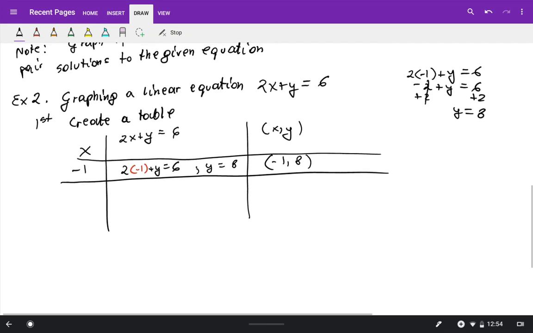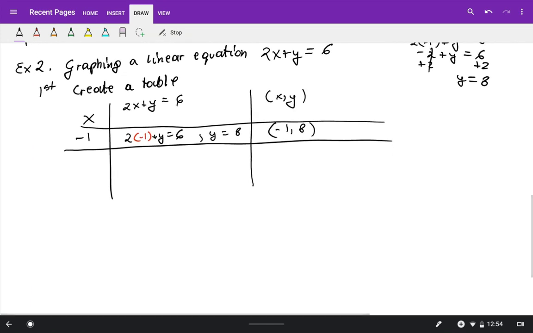Okay, so what we did first was create the table. The second step is to pick at least 3 arbitrary values for x.